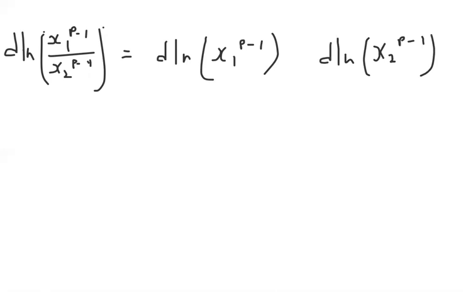I can bring down the exponents, so I'll have (5-1) d ln x1 minus (5-1) d ln x2.